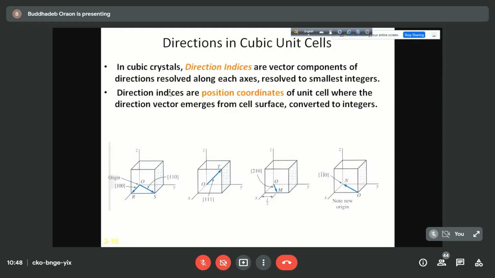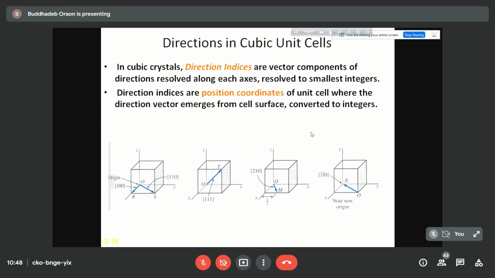So in cubic crystals, the directions are vector components of directions resolved along each axis, resolved to smallest integers. The meaning of this is that suppose I have decided to take a direction, then we will try to resolve that particular direction vector into X, Y, Z. And when we are getting the resolved parts, those resolved parts may come in fraction.